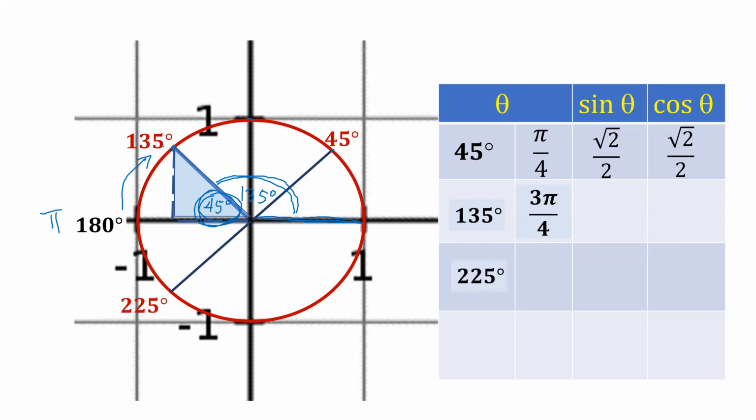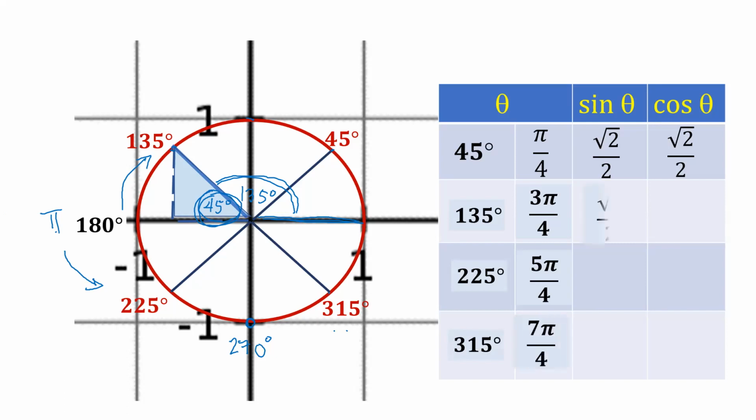Let's write it here: pi plus pi over 4 will be 5 pi over 4. Then this is 6 pi over 4. In the fourth quadrant, that will be 315 degrees. Remember, this is 270, so 270 degrees plus 45 is 315. Or equivalently, it's 7 pi over 4.